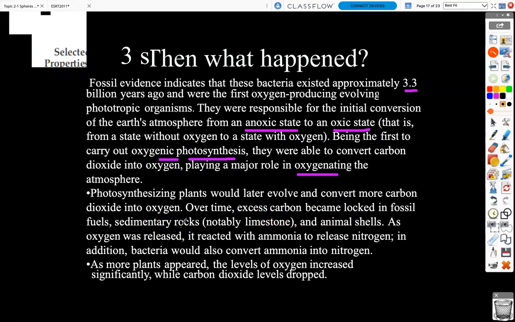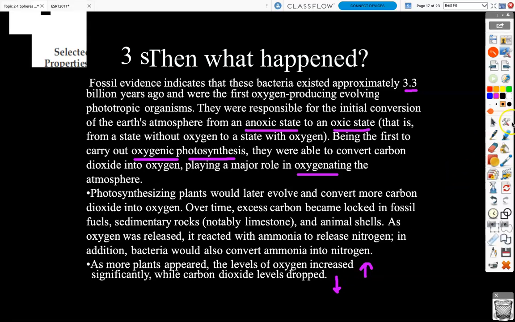So carbon ended up in a lot of your rocks, which ended up in your fossil fuels, carbon-based, right? Oil and petroleum-based products. As oxygen was released, it reacted with ammonia to release nitrogen. In addition, bacteria also converted ammonia into nitrogen. As more plants appeared, the levels of oxygen went up, and the CO2 levels went down.